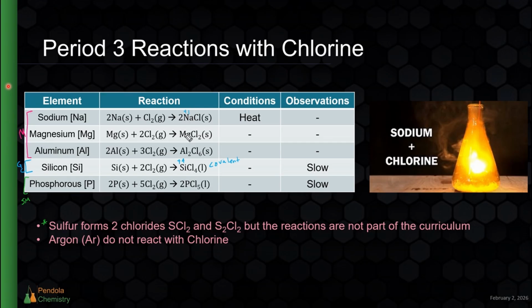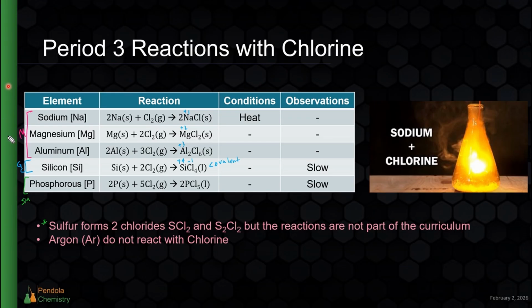Sodium +1, magnesium +2, aluminum +3, and silicon is going to form a +4 oxidation number, just like it did with oxygen. So we get SiCl4. Again, the chlorine is still -1 here, so that's why it's a 1-to-4 ratio. This is not ionic. Now, remember, I'm talking about oxidation numbers here, not charges. And so this is still a covalent compound held together by covalent bonds.